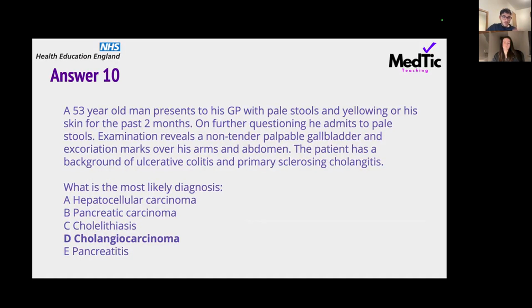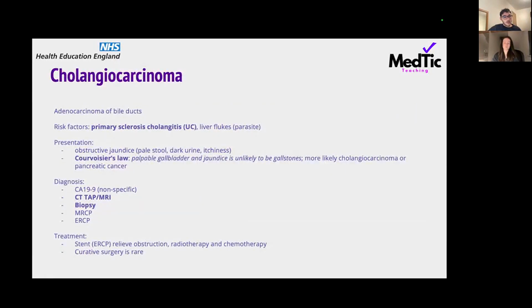Okay, so the answer is cholangiocarcinoma. This slide goes through briefly what cholangiocarcinoma is. It is an adenocarcinoma of the biliary ducts, with a heavy association with primary sclerosing cholangitis, which is also associated with UC, which the stem of the question had.